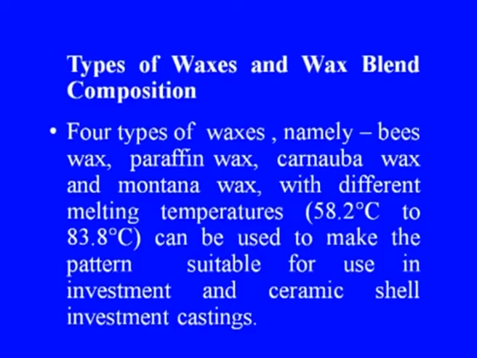Types of waxes and wax blend composition. Four types of waxes, namely beeswax, paraffin wax, carnauba wax and Montana wax, with different melting temperatures ranging from 58.2 degrees Celsius to 83.8 degrees Celsius, can be used to make the pattern suitable for use in investment and ceramic shell investment casting.